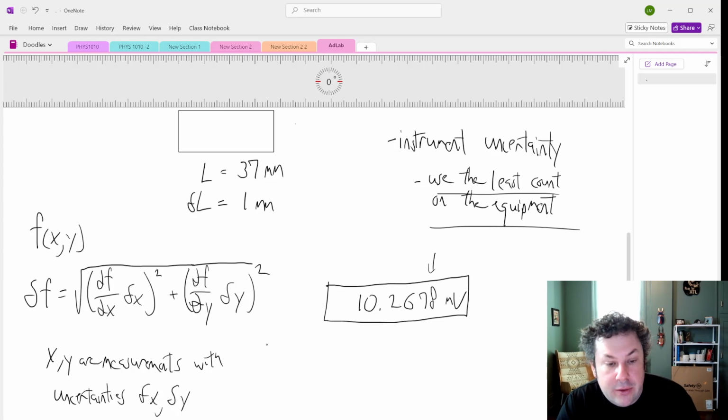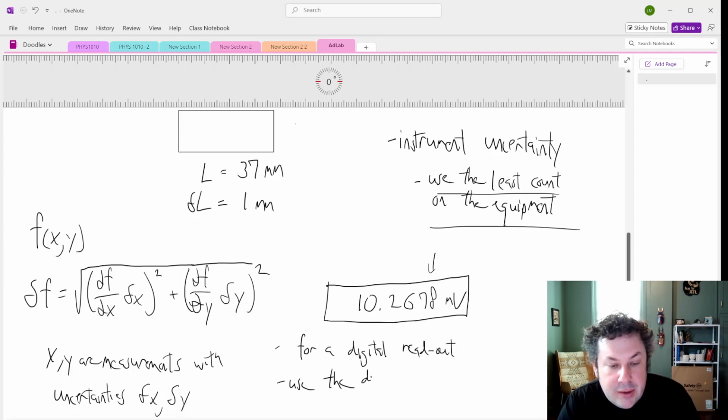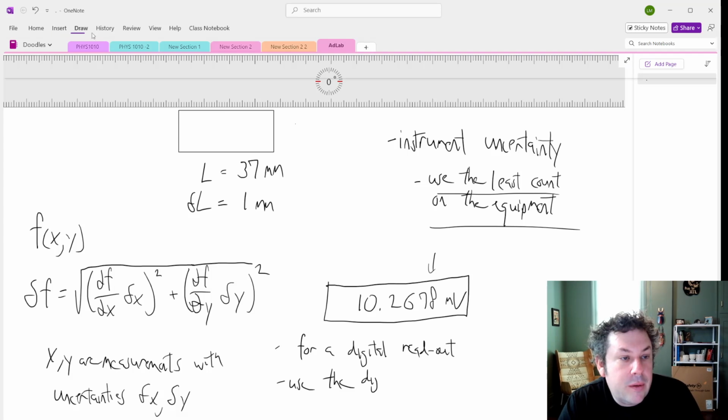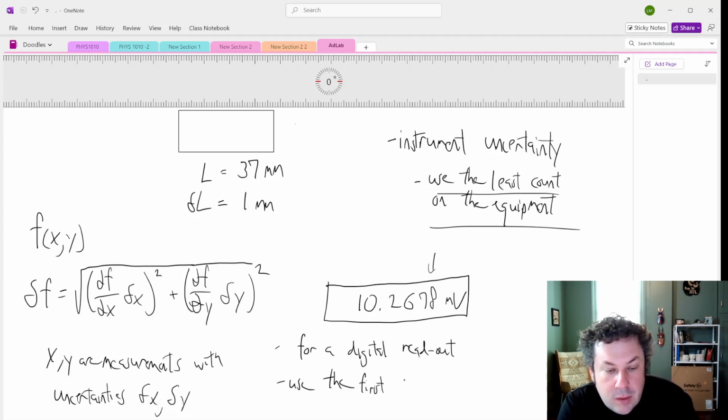So for a digital readout, what you want to use is the first stable digit.